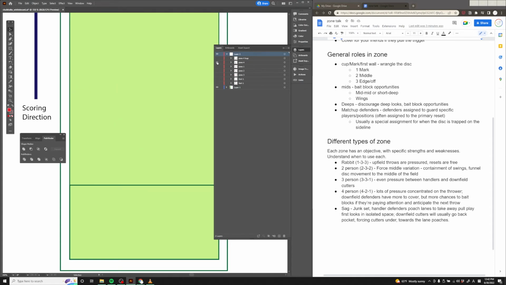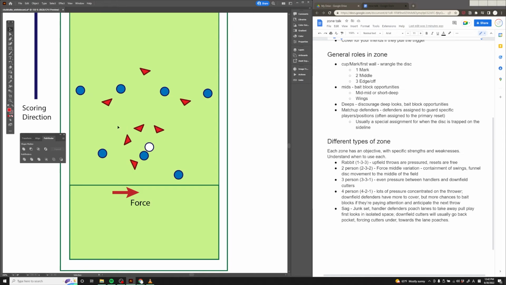In our 4-person cup, they are following the disc strictly. So to follow what we talked about before in terms of handler versus cutter pressure, they're putting a lot more pressure on the handler and the handlers and any kind of short field throws. So for a team that is working through their handlers mostly, the 4-person cup would be a much better option than the one person cup.